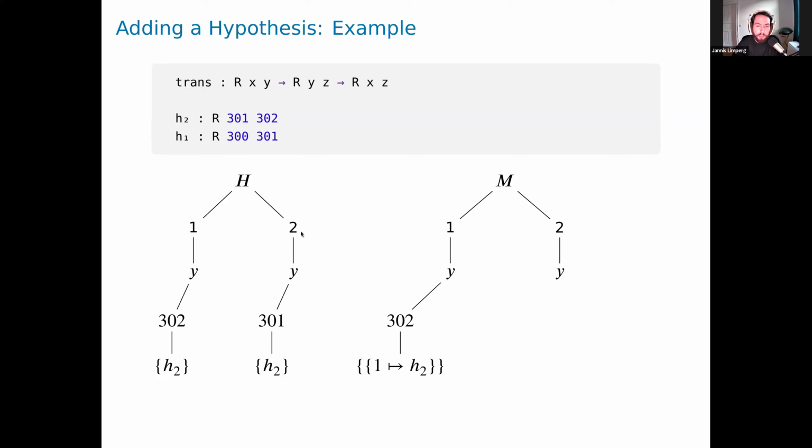So we also insert it at slot 2 with the shared variable y now being instantiated with 301 here, right? Because if we match H2 against this, y becomes 301. Okay, sorry, I messed that up.